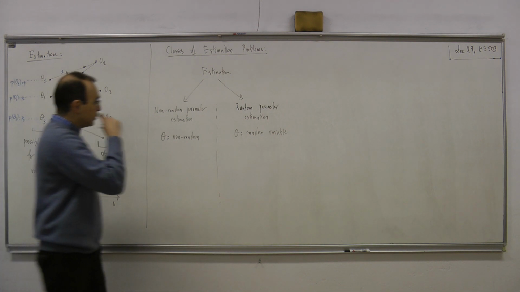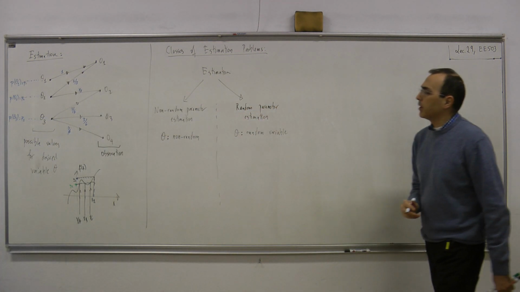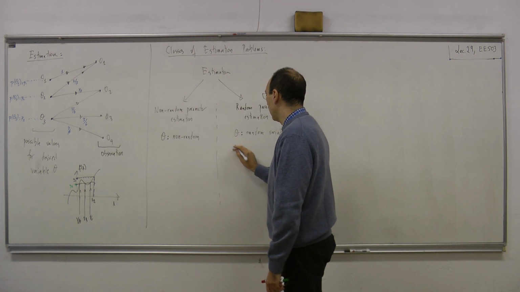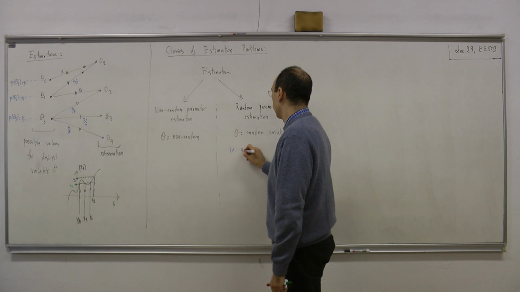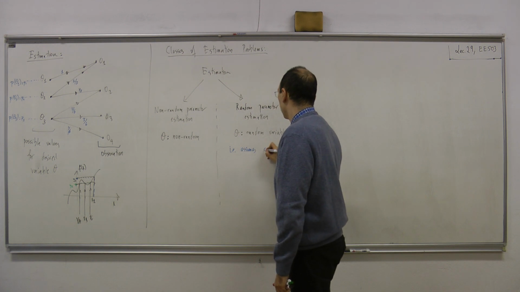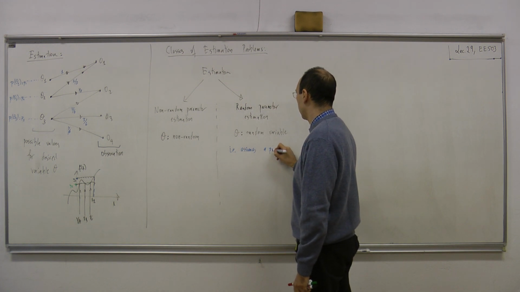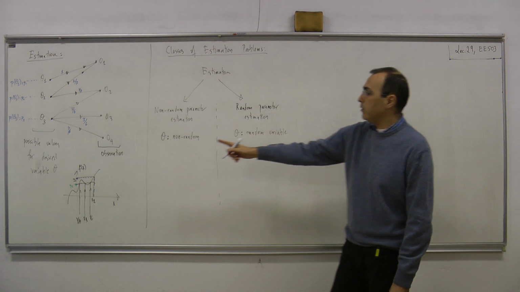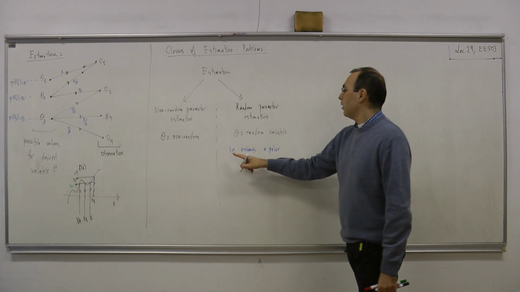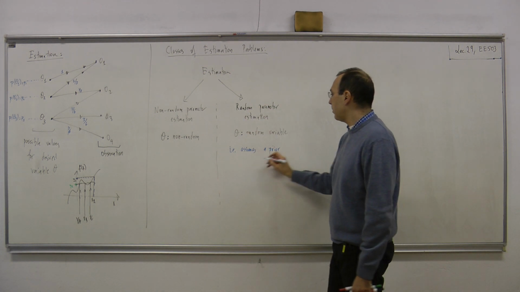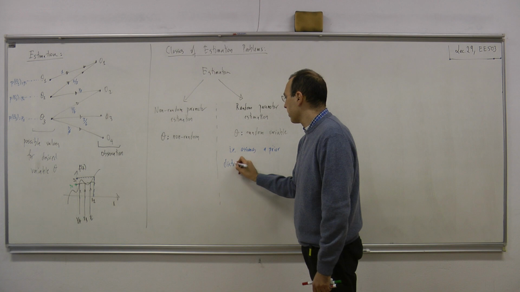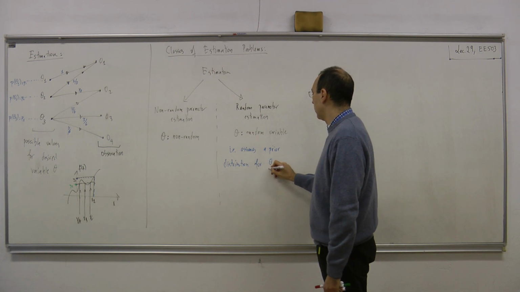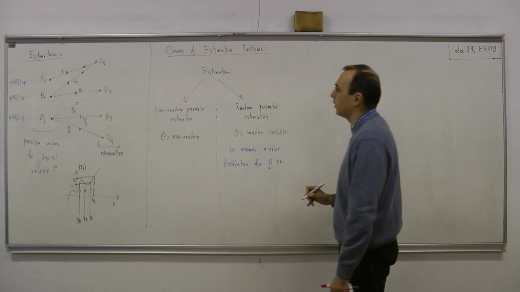So random parameter estimation assumes a prior distribution. Prior means before the experiment, before we receive the observation. I.e., this one assumes a prior distribution for theta random variable.